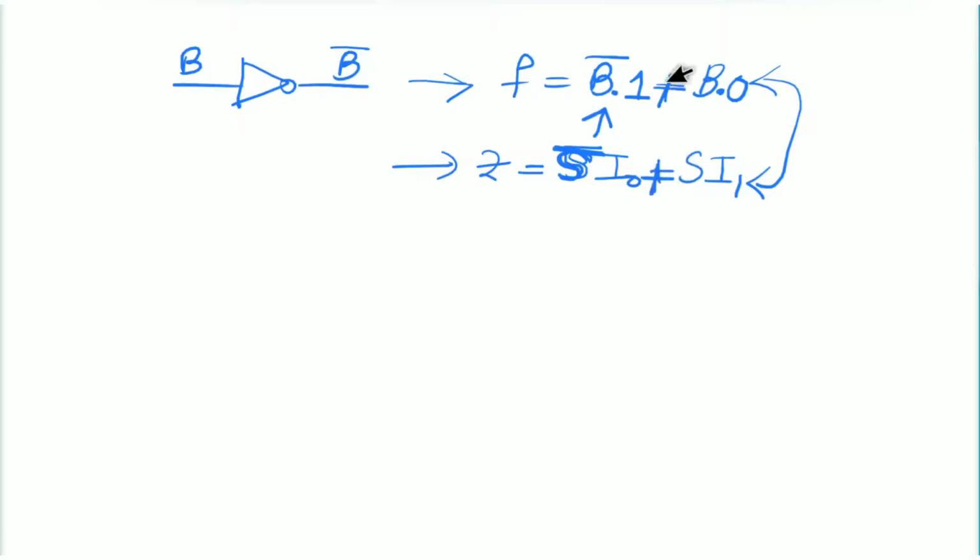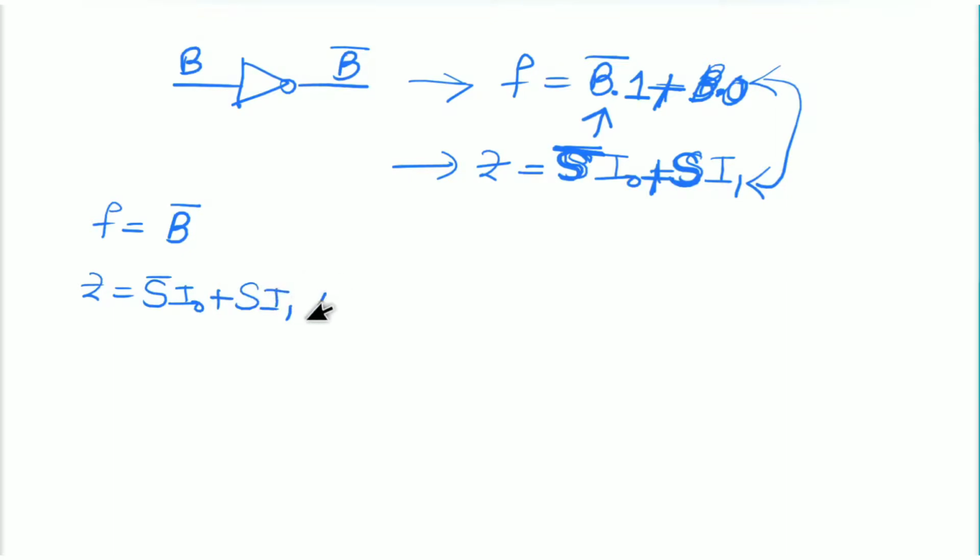But here there is no plus term, so there must be a 0, and here you have S. That is the reason I have considered B, and to make this term 0 I use dot 0. Let me write again clearly: F is equal to B bar, Z is equal to S bar I0 plus S I1.